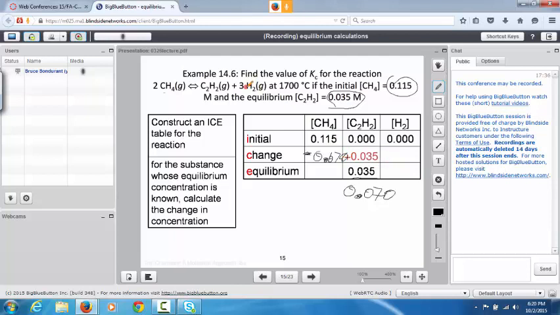Now the H2 is 3 times the amount of C2H2 that's made.